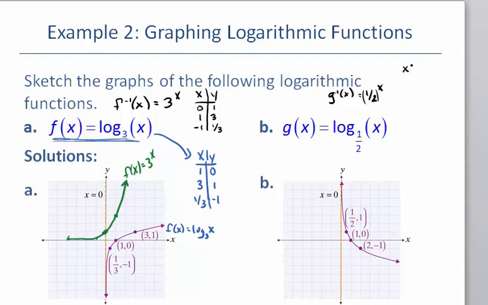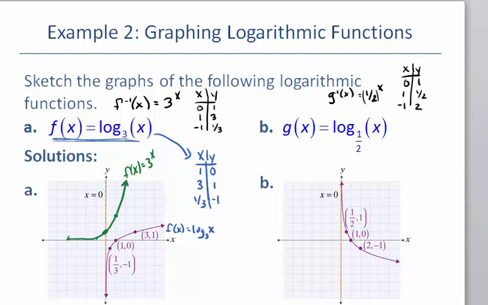And even if we didn't, we could easily come in here and say, okay, let's pick some very specific points. Remember, 0, 1, and -1 are always easy to evaluate. 1/2 to the 0 is 1. 1/2 to the first power is still 1/2. 1/2 to the -1 is going to cause the 2 to move to the top and become 2.